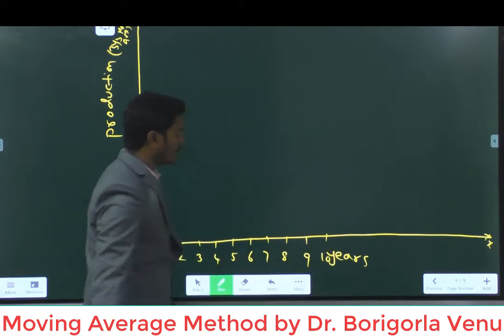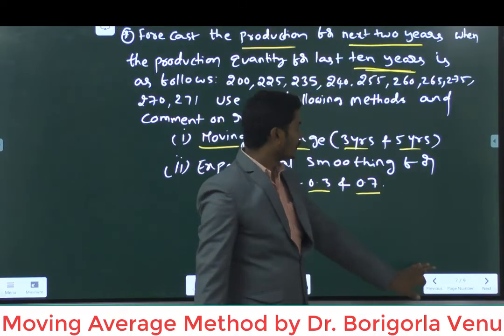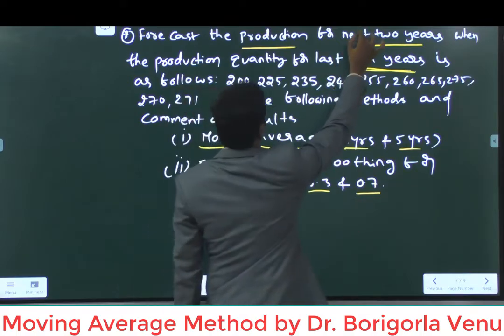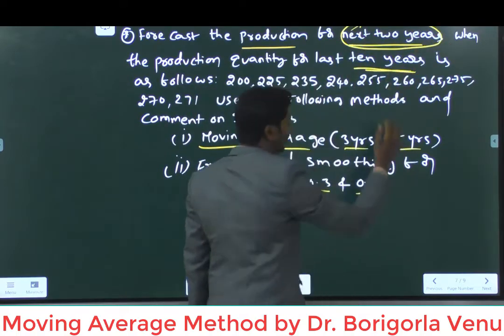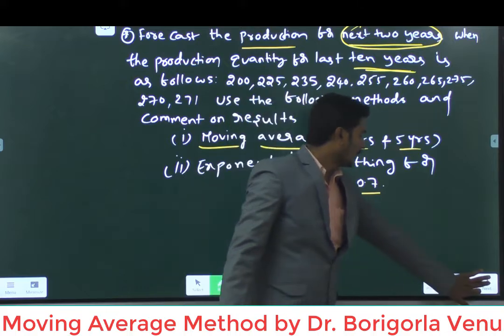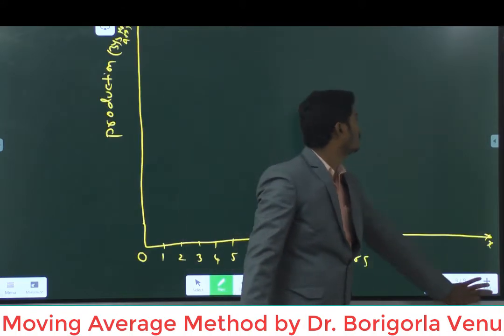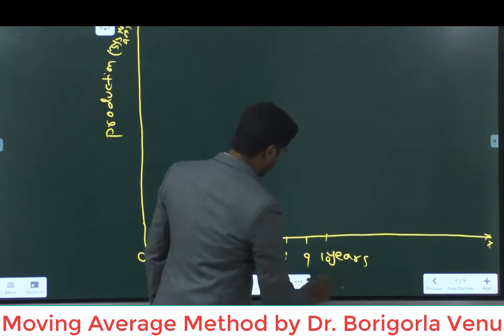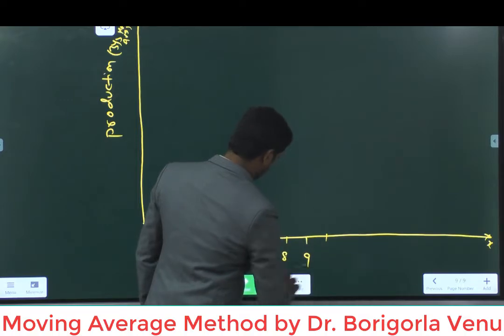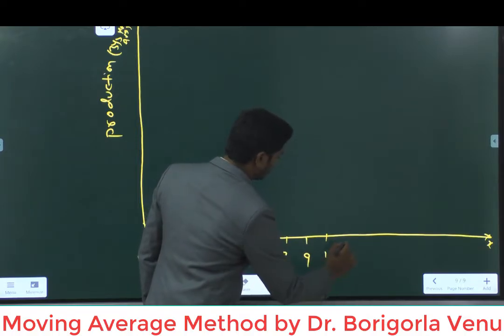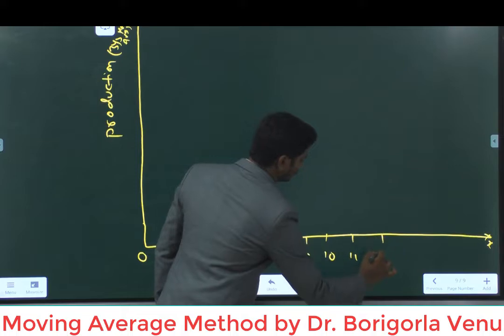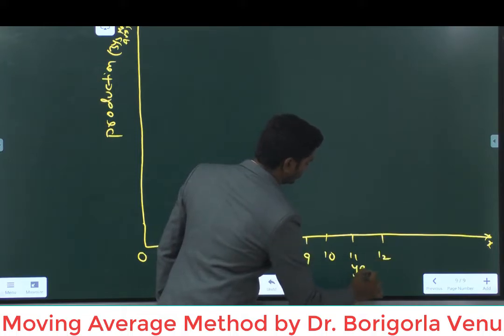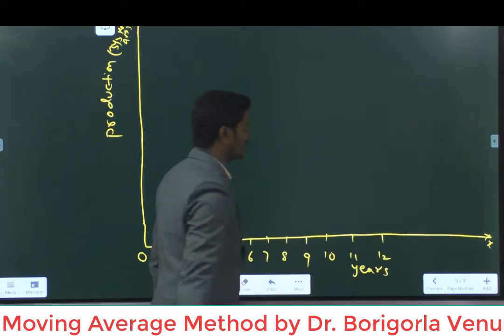But according to the problem, we have to calculate the trend for the next 2 years. It means we are going to add 2 years to these 10 years. So here I am going to add 11, 12. Years we are taking as 12.